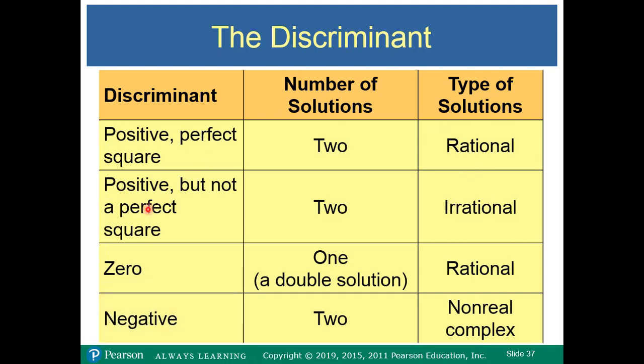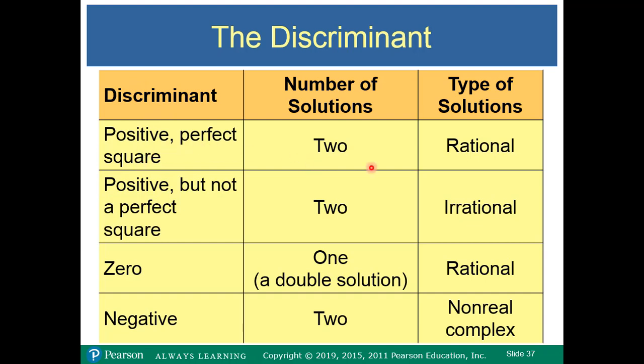If they're both positive but not a perfect square, then you have two solutions, but they're irrational, okay? But both of these are real solutions. So the bottom line is, if the discriminant is positive, then you have real solutions.